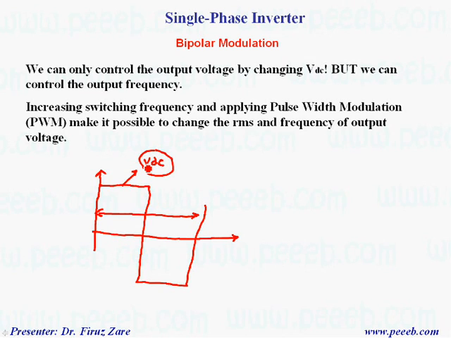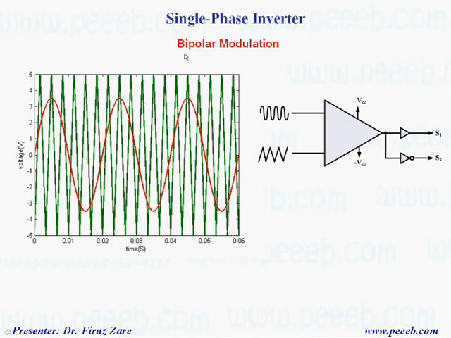But if we increase the switching frequency, that means over one cycle we have many pulses instead of one pulse, then it's possible to change the frequency and voltage. Here you can see this defined as the switching time, which is equal to 1 over switching frequency.